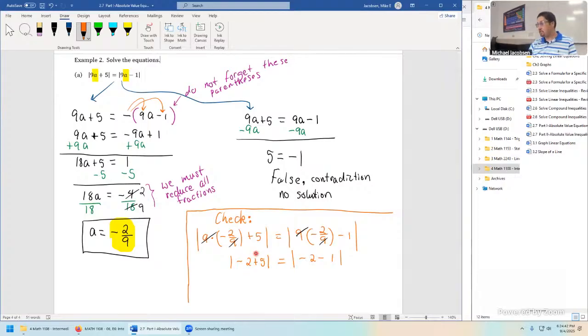On the very left, still order of operations, we have to do -2 plus 5. Then and only then can we do the absolute value. It'll be absolute value of a +3. On the right-hand side, -2 minus 1 will give us a -3. And now that we've done that, we can do the absolute value on the right-hand side.